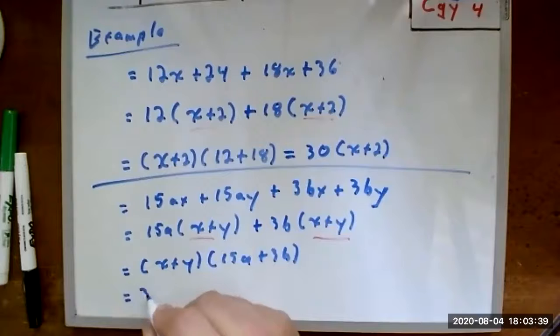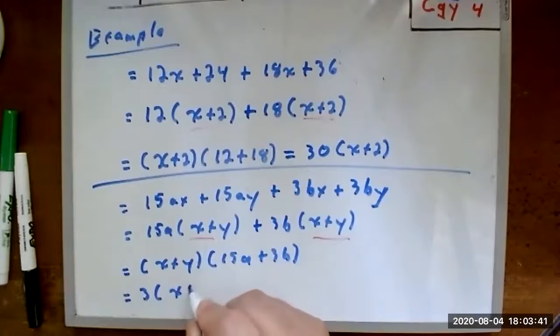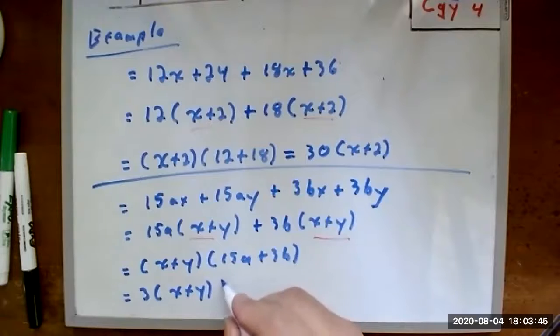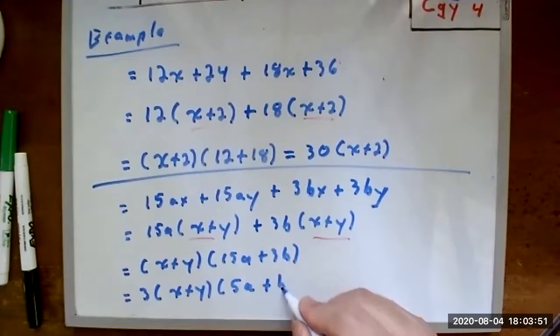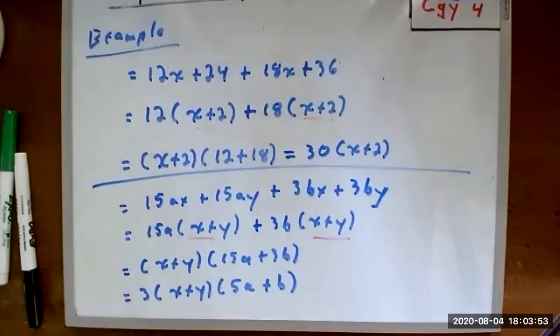Now, 15 and 3 both divide by 3, so I can pull a 3 out of this set of brackets. And when I do that, I can stick this 3 way out front. x plus y still comes for a ride. 15 divided by 3 leaves me with a 5a. 3b divided by 3 just leaves me with b.